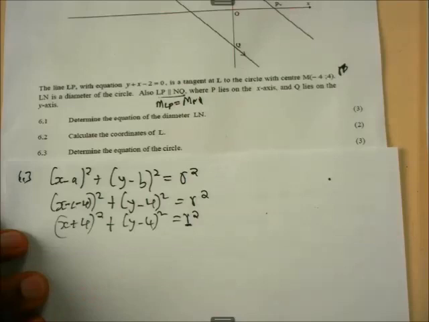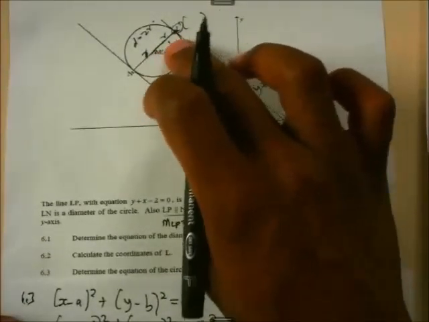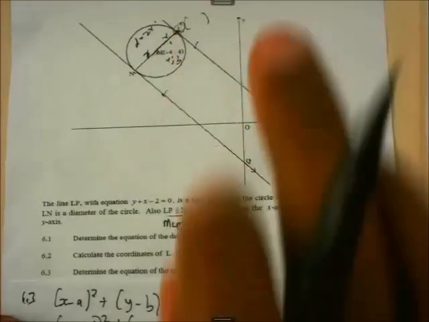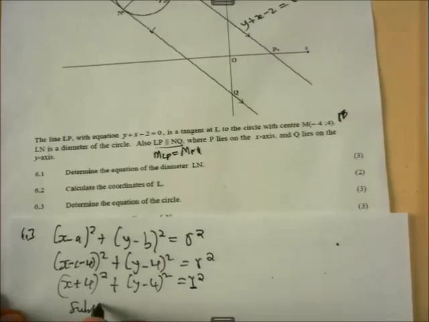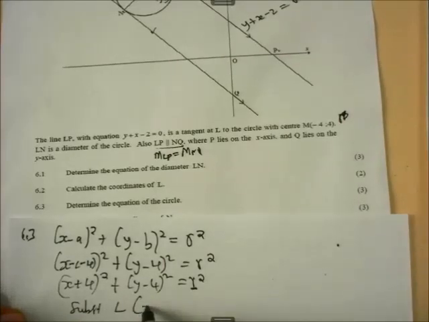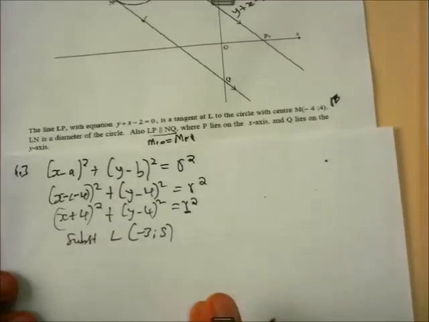Now, what is it that we must do? We just take the point, because we said we don't have the radius. Then it means you must use that point, which we called point L. Now we substitute point L, which is (minus 3, 5), to get the value of r.